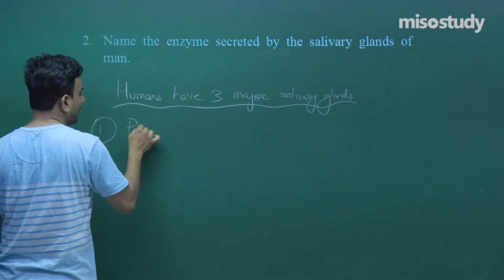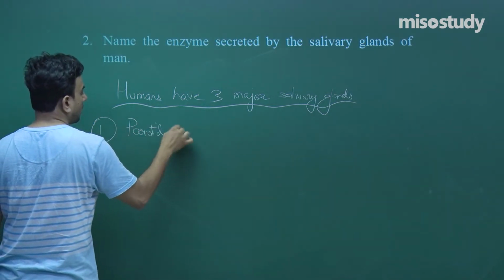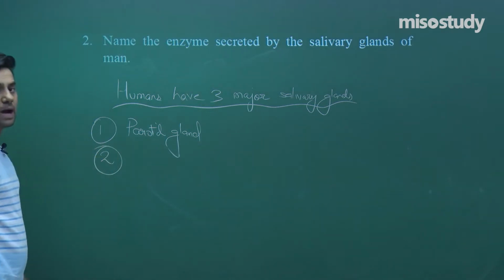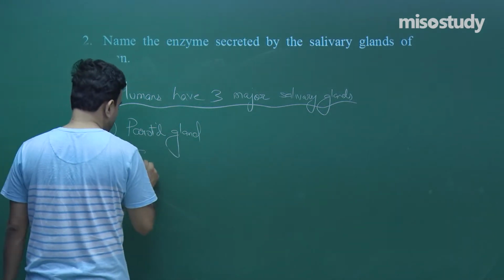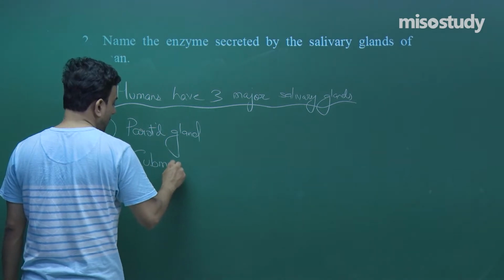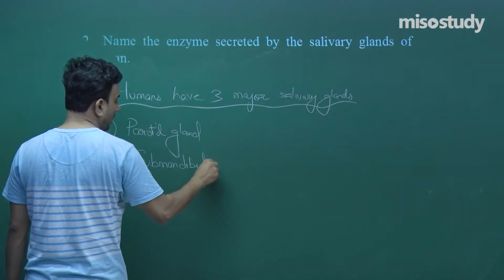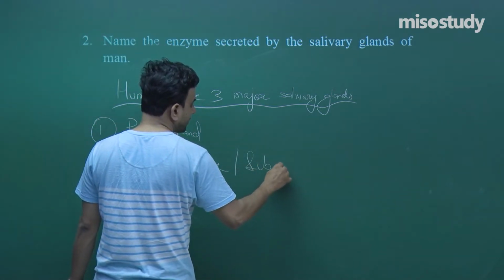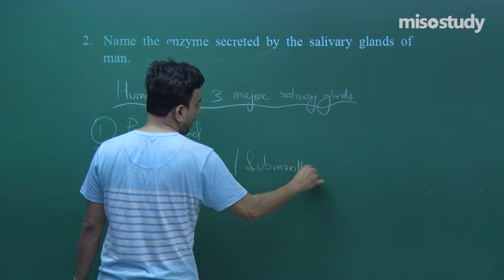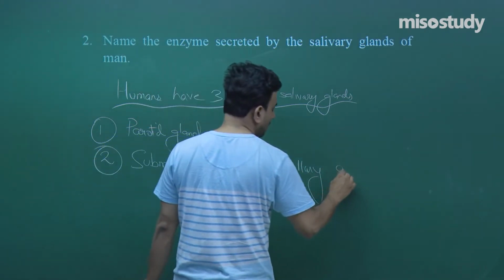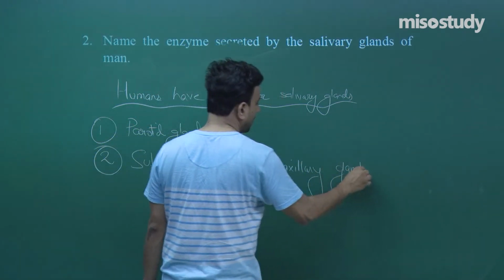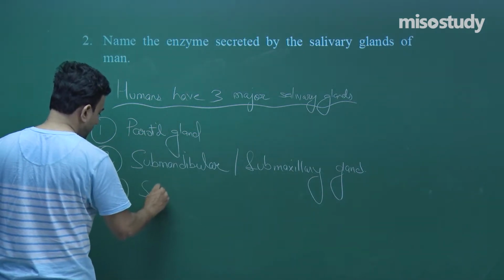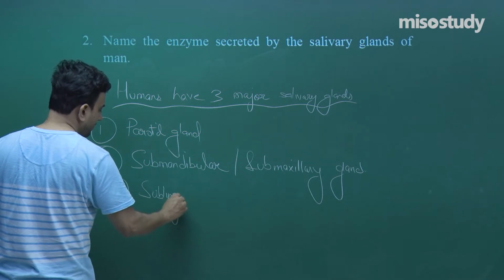The parotid gland, the second one is the submandibular or submaxillary gland, and the third one is the sublingual gland.